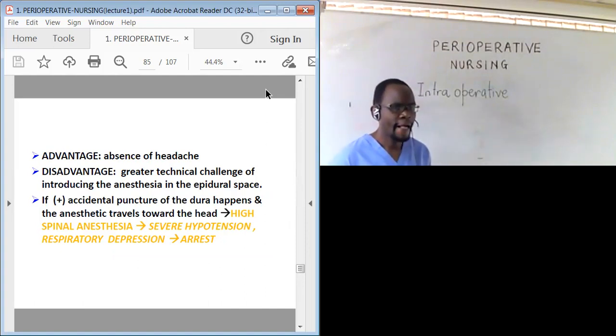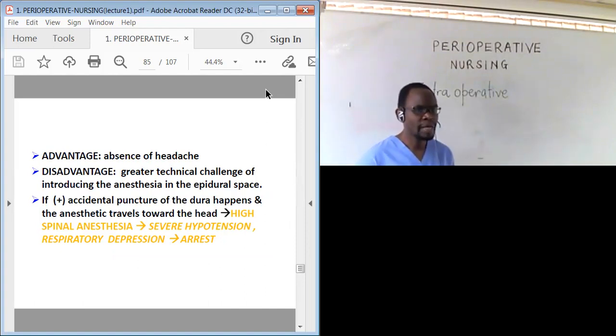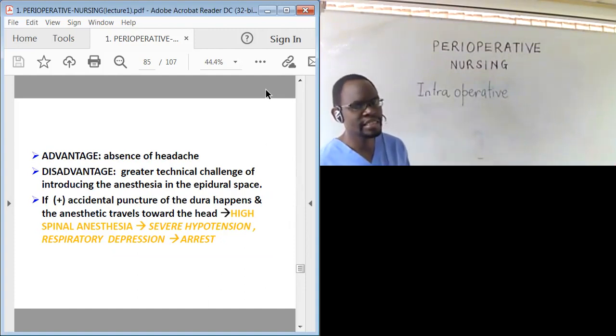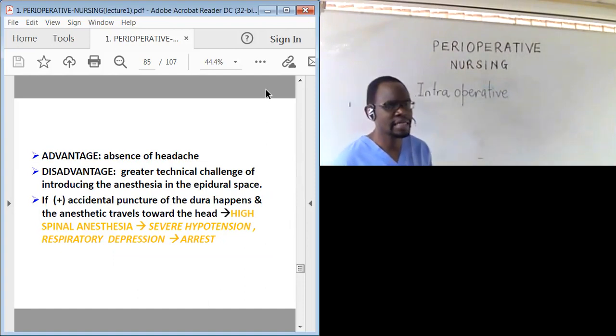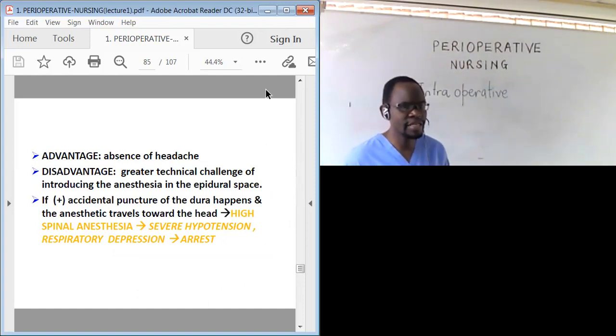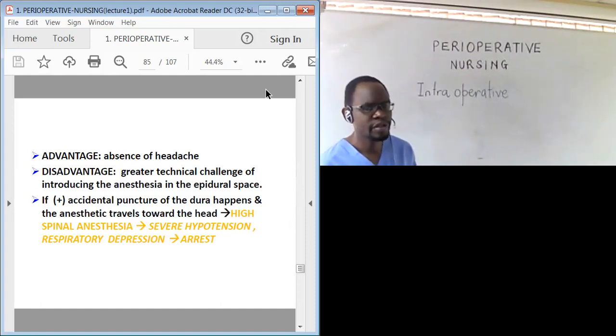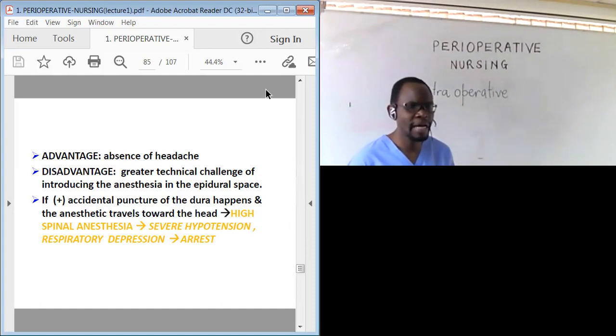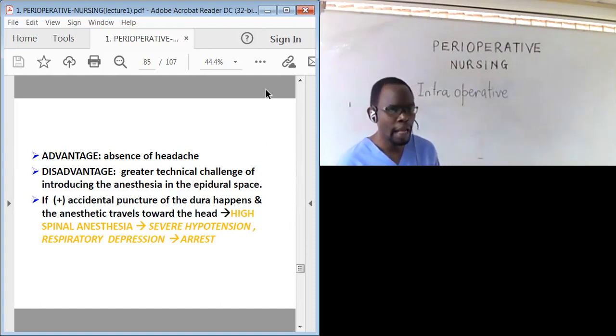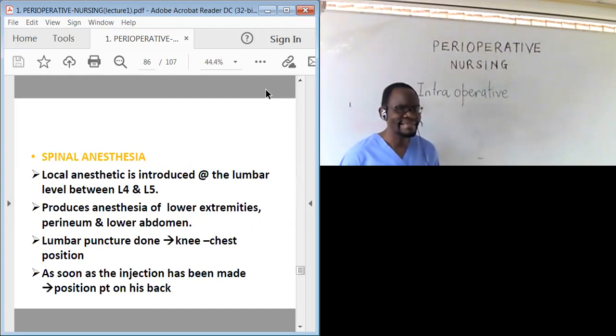If there is incidental puncture of the dura, it can ascend up the spinal cord and cause severe hypotension and depression and eventually arrest. So that might be what goes wrong. With spinal anesthesia, I think most of you have seen this.